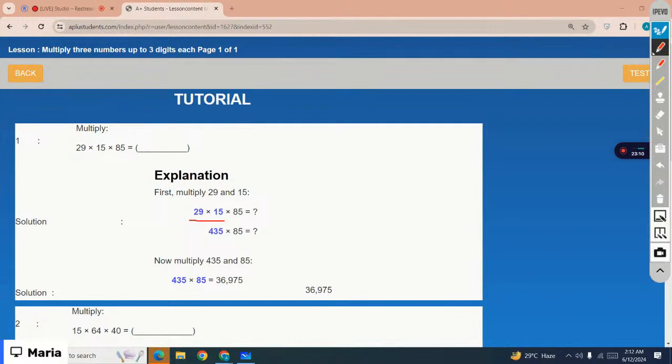So 29 times 15 is 435. Now you have to multiply the third number with the product of first two numbers. So now you have to do 85 times 435. So the correct option is 36,975. Got it? Okay, let's just start with the test questions.